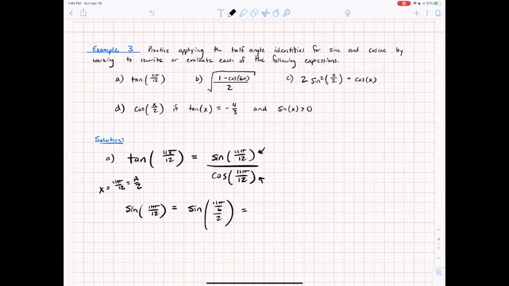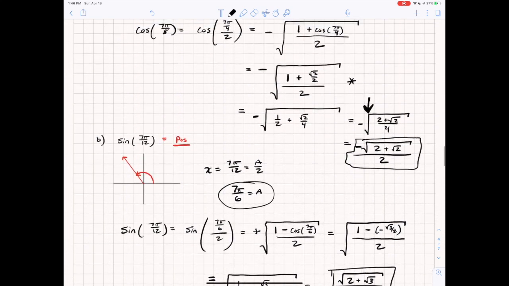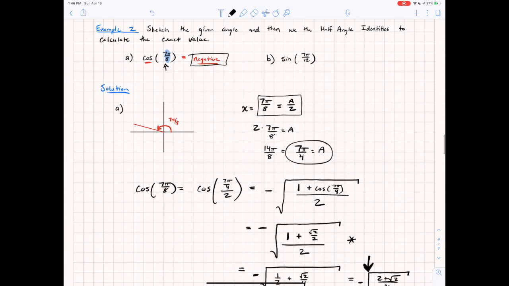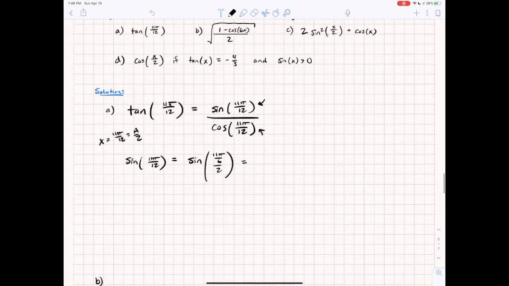Now 11 pi over 12 is in the second quadrant, so I know that has to be positive. And we did 7 pi, but we didn't do, yeah, okay. I just wanted to double check. All right, and so we've got 11 pi over 6 over 2. Then I know that this is going to be positive as an answer, square root of 1 minus cosine of 11 pi over 6 divided by 2.